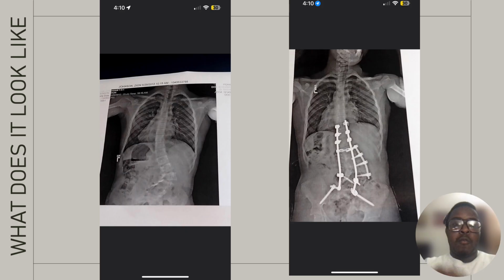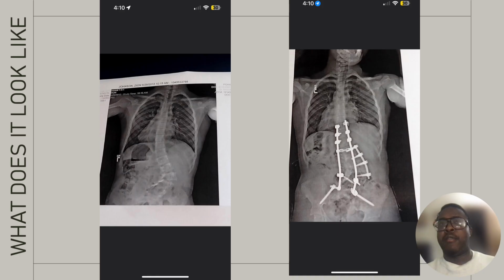And how the spinal fusion works is they put the little rods, as you see in the next picture, all along the whole spine. So the rods push back the C to make it more straight. This surgery can last from an hour to a couple of hours.